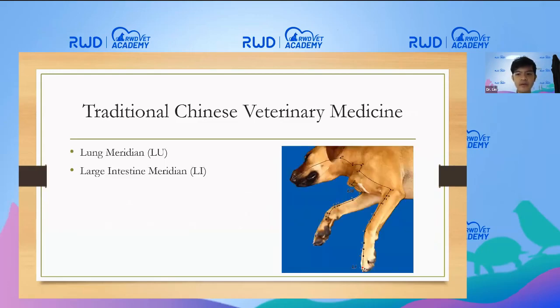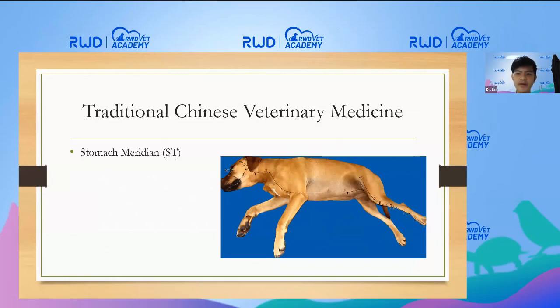The lung meridian controls how energy is consumed and impacts the respiratory system. The large intestine meridian regulates the processing and extraction of water from waste.